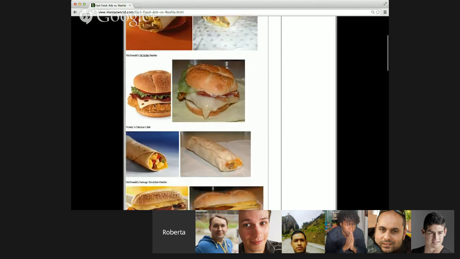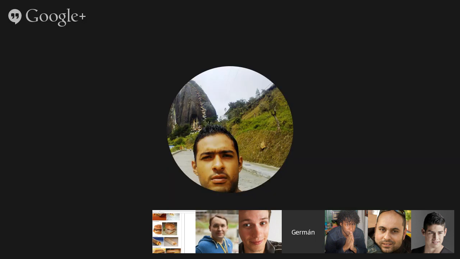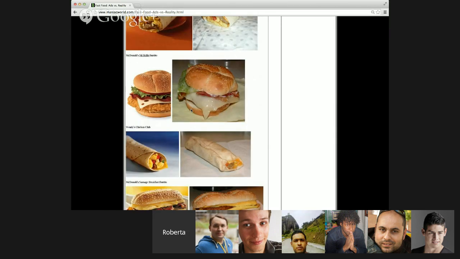What about this one? This is called the Wendy's Chicken Club. So this has chicken in it. So what are some differences that you can see? On the hamburger picture, right? Yeah, so these are sandwiches. What are some differences that you can see? This is the advertisement, right?